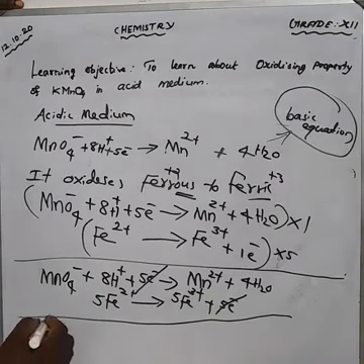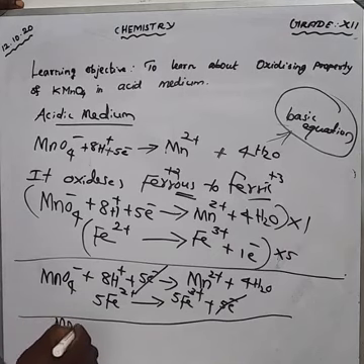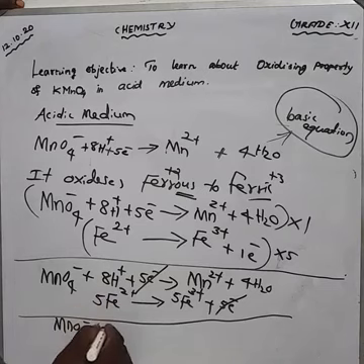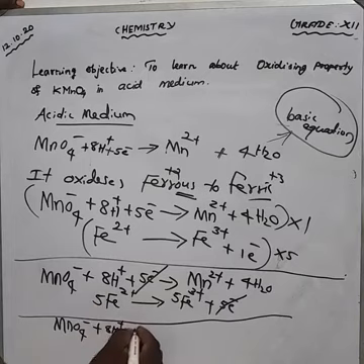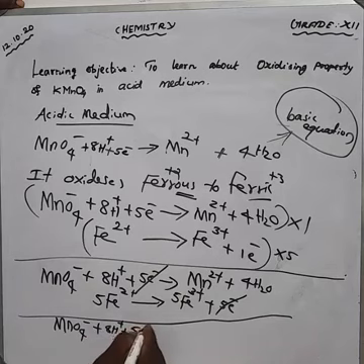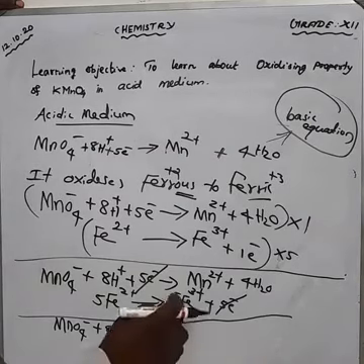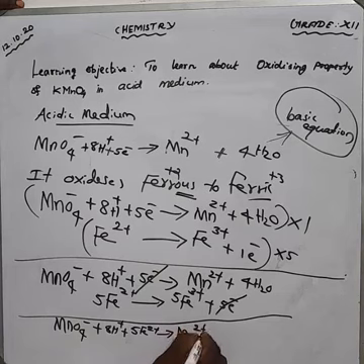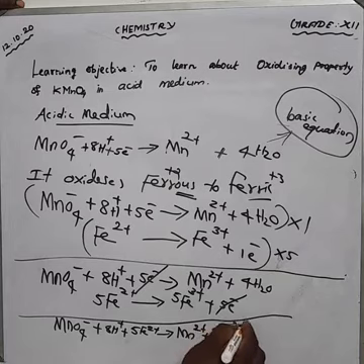That means MnO4 minus plus 8H plus ions plus 5 Fe2+ ions gives Mn2+ plus 5 Fe3+ plus 4H2O.